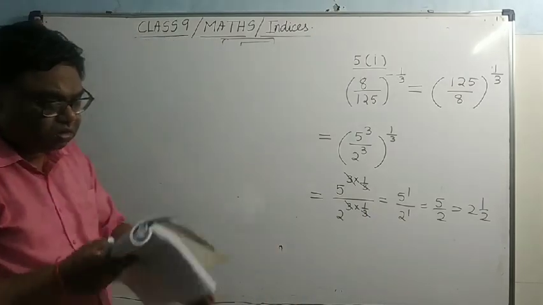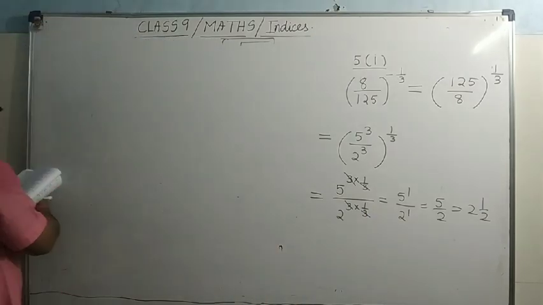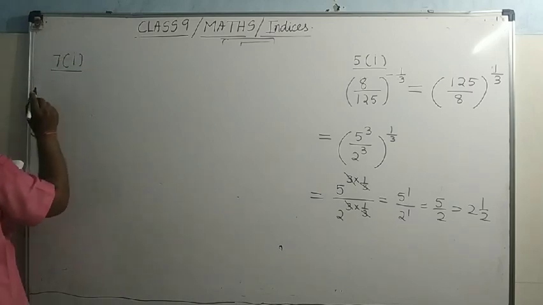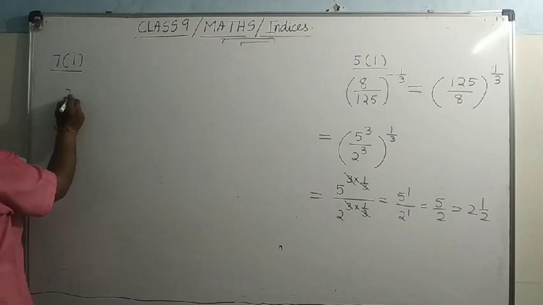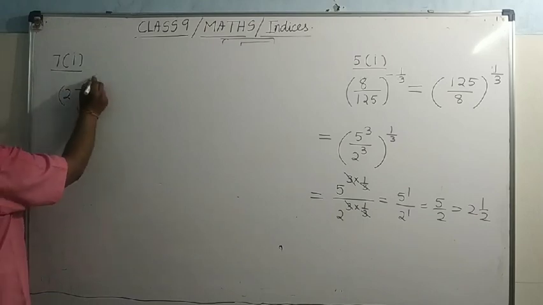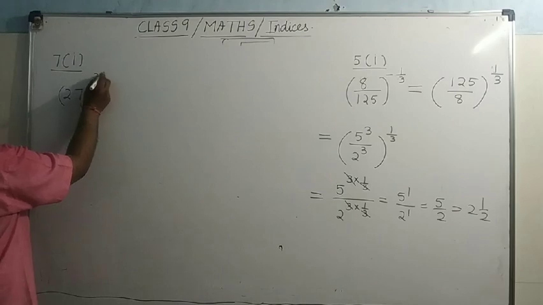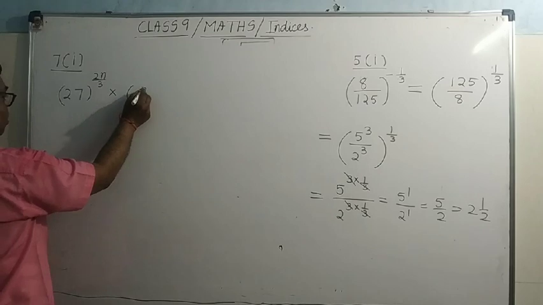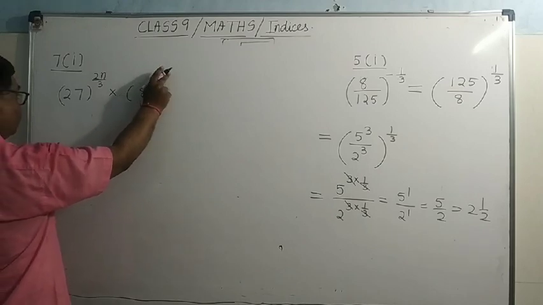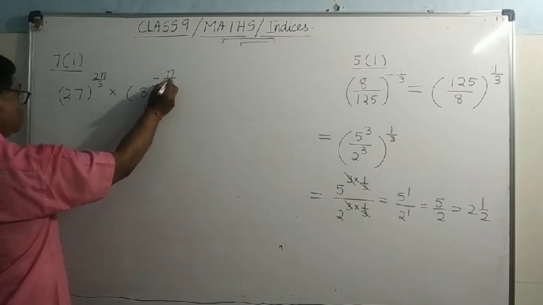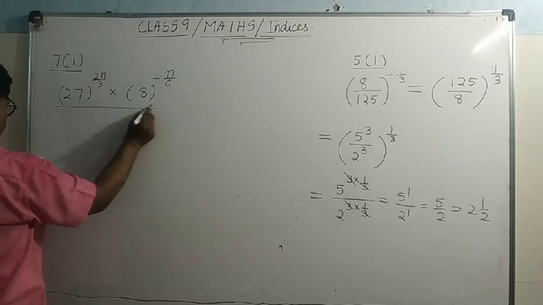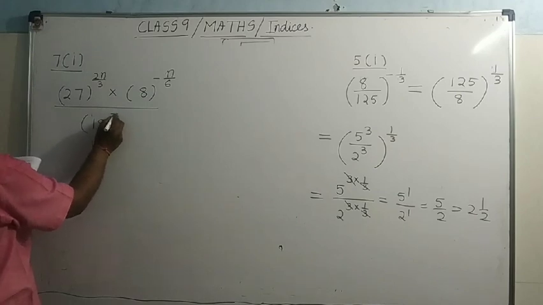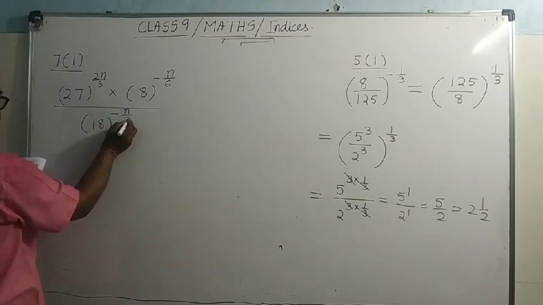So, see one more question. Question number 7, first part. Now you pay attention to this question. Here there are many terms, into 8 to the power minus 8n upon 6, divided by 18 to the power minus n upon 2.